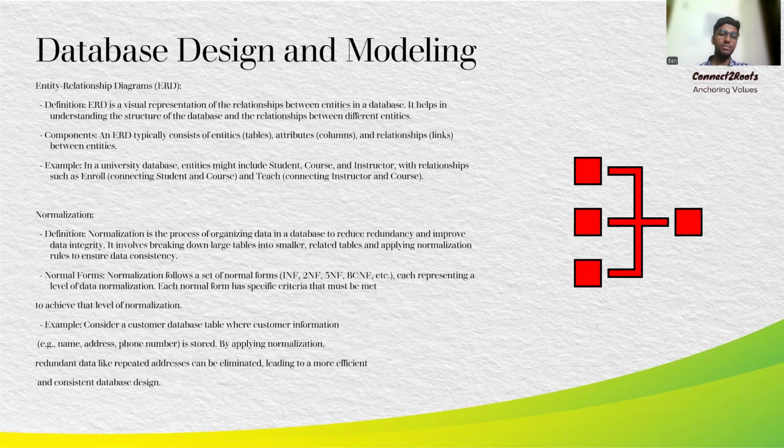There are different normalization forms known as 1NF, 2NF, 3NF, BCNF, etc. They represent a level of data normalization. Each normal form has specific criteria that must be met to achieve a level of normalization. For you to have 2NF, you will need your table to be in 1NF, and so on.